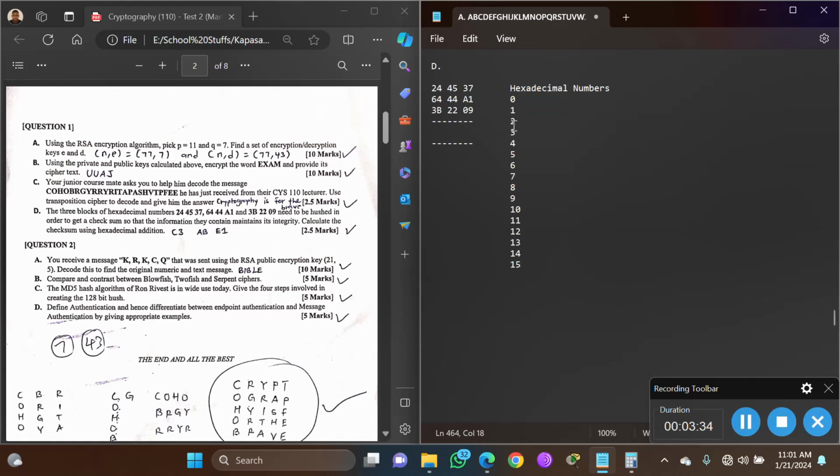So as you can see, from 0 up to 15, if you count all these numbers, they add up to 16. So that was the meaning.